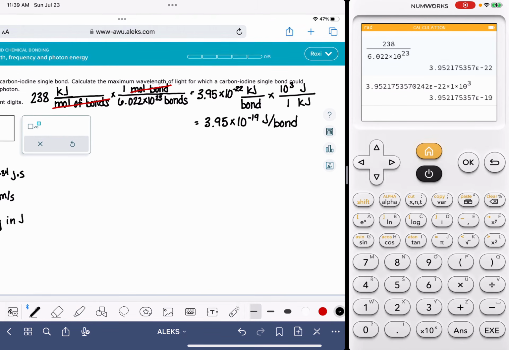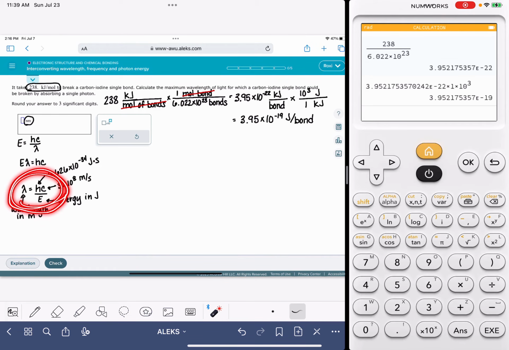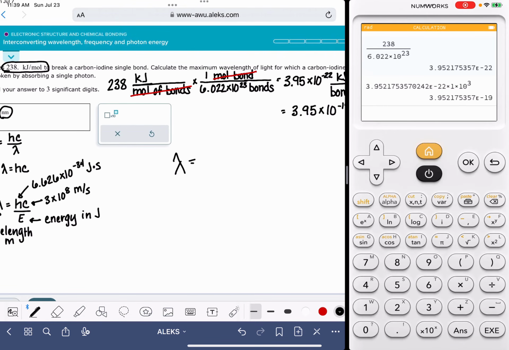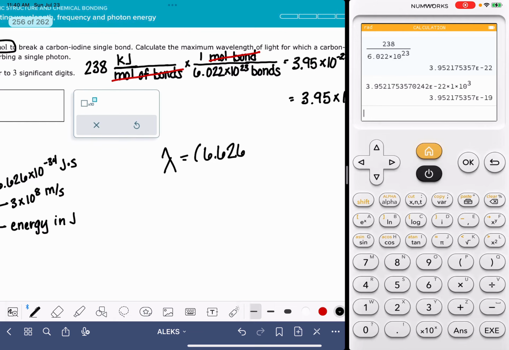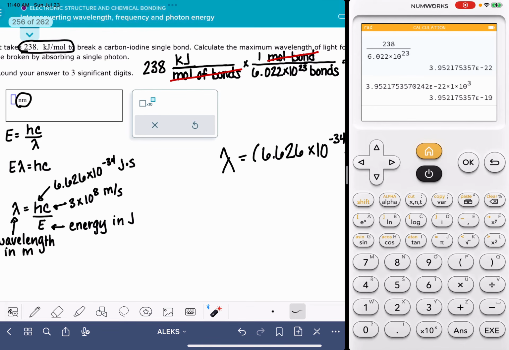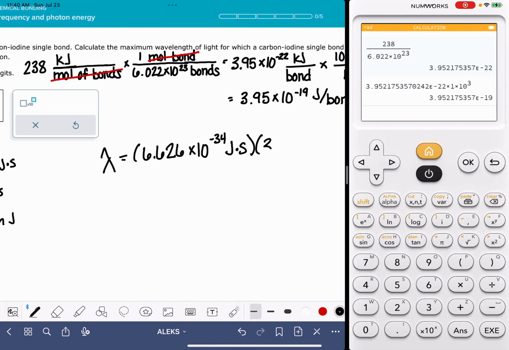So now we're ready to plug everything into this equation right here that we're using. Lambda equals h, which is Planck's constant, 6.626 times 10 to the negative 34. The units are joules times seconds. Next, we have c, the speed of light, 3 times 10 to the 8th meters per second.